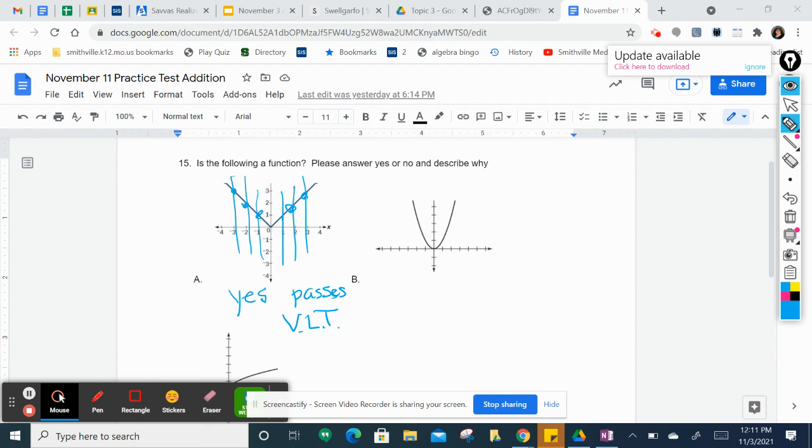All right, I'm doing the same thing here on B. I'm drawing some vertical lines and I'm looking to see, do any of these lines touch in more than one place? And I don't see that they do. So again, B is a yes because it passes the vertical line test.